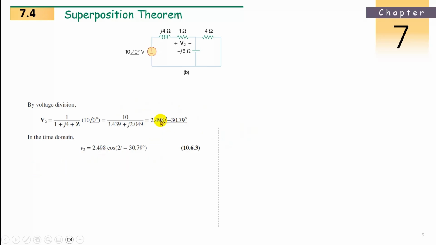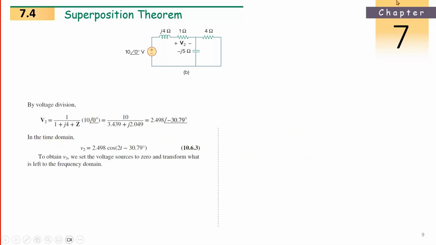Now in time domain, it will become 2.498 cos 2t minus 32.79, because cos 2t at an angle theta. So this is now from frequency domain to sinusoid.